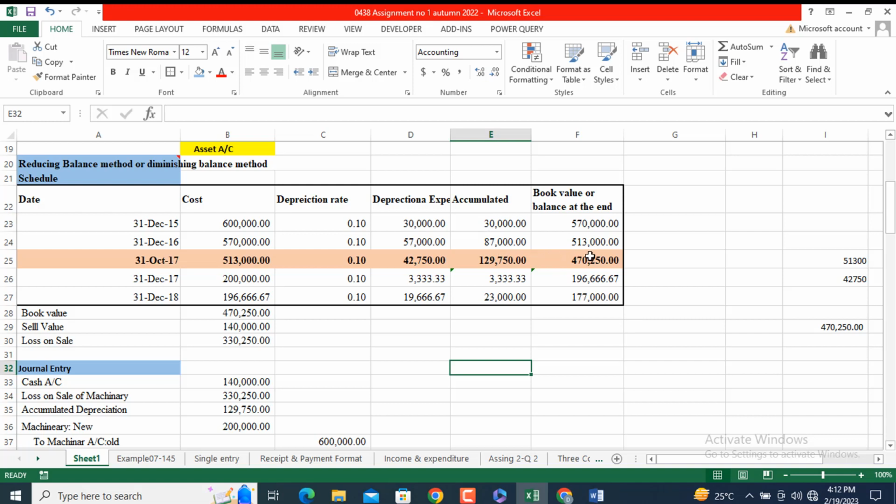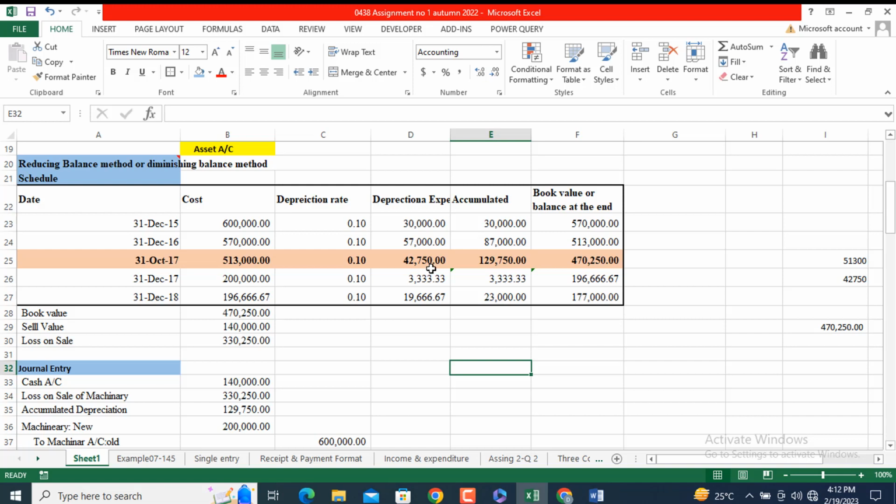The balance at the end of the year is 57,000 subtracted from the 570,000, so we will get this. Otherwise, you will go from here, 570,000 minus 57,000, and you will get 513,000.